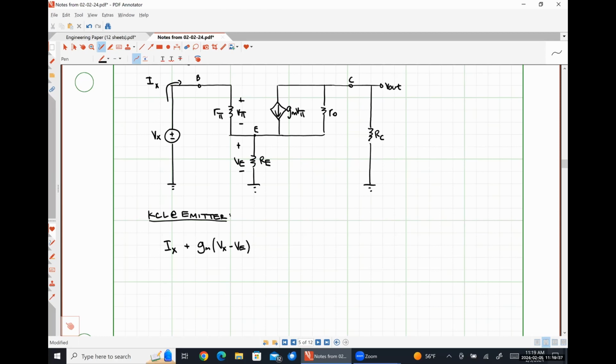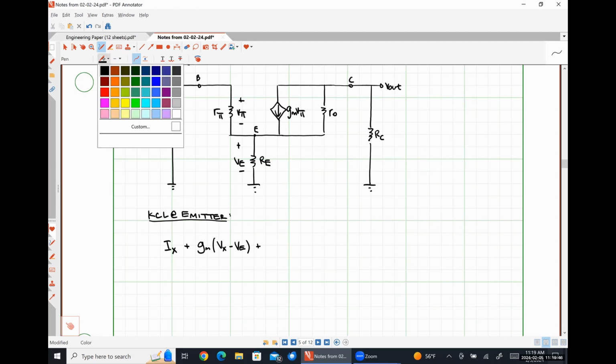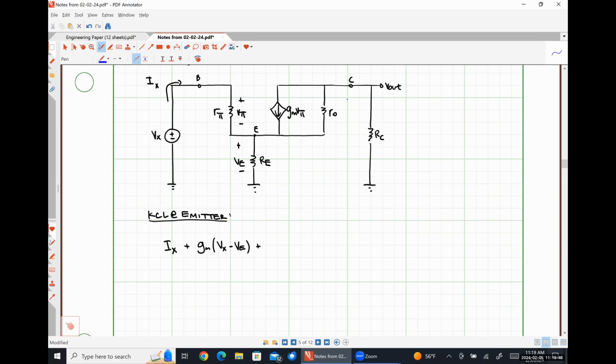I'm also going to have, in my notes, I choose to do this, so I'm just going to be consistent so I don't make a mistake. I'm going to call the voltage drop across that resistor RC, instead of using V out, I'm just using VC.